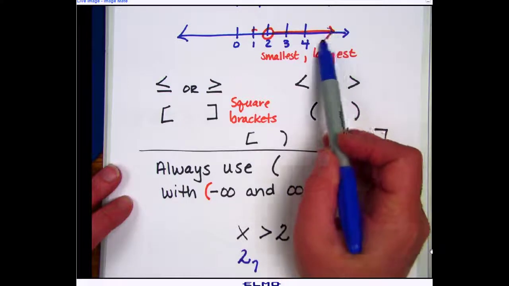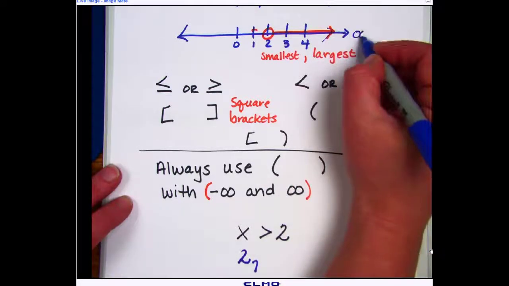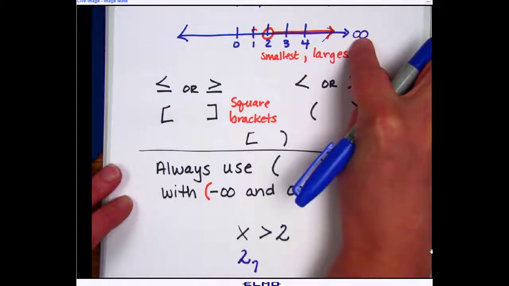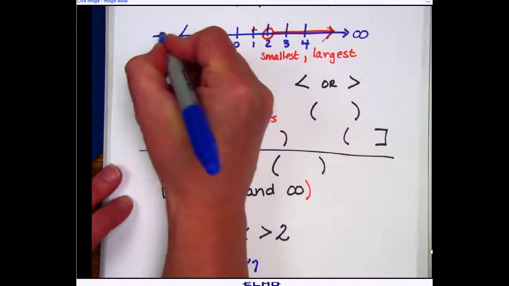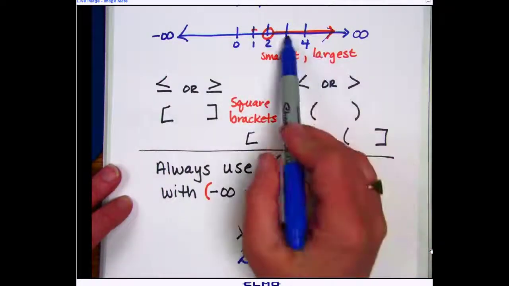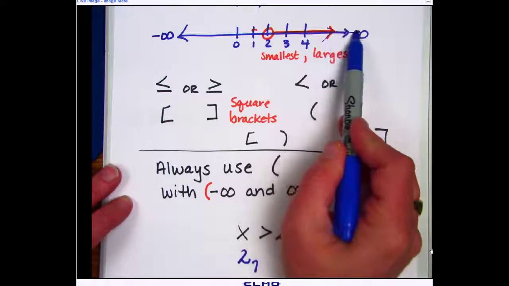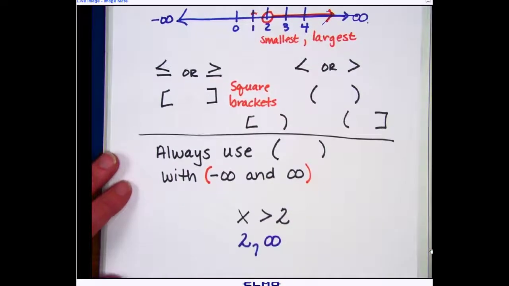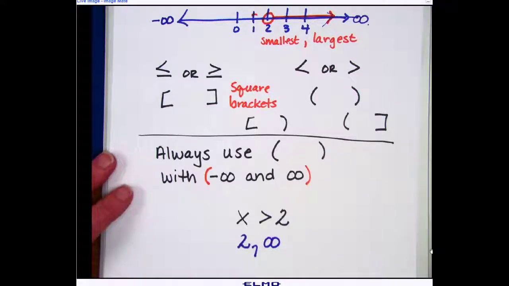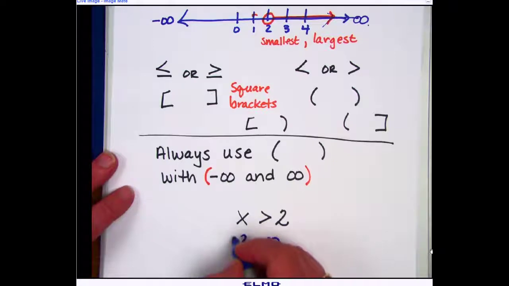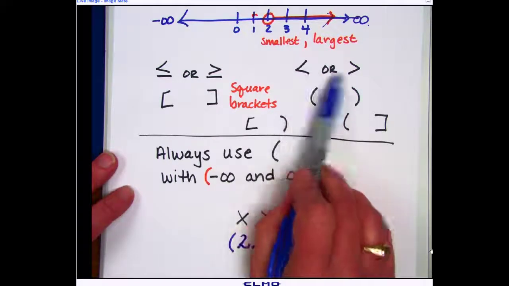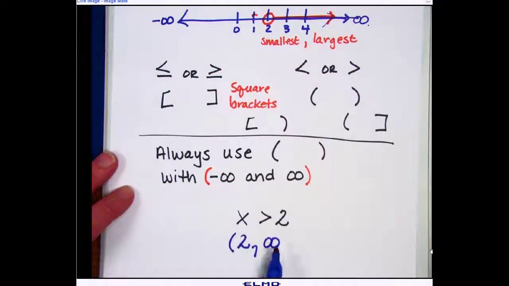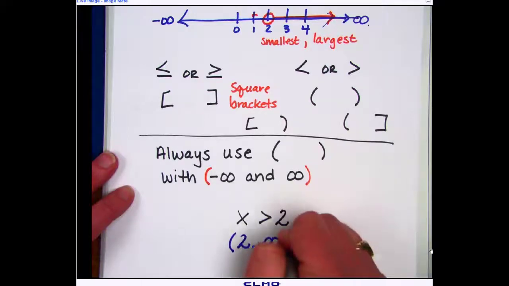Well, notice I put an arrow here. This is going to keep going and going and going out to positive infinity. Negative infinity would be in this direction. So because this is going on forever to infinity, I would put comma infinity. Now we just have to decide on our brackets. No equal sign with the 2, so I'm going to use round. And then infinity, we always use round.